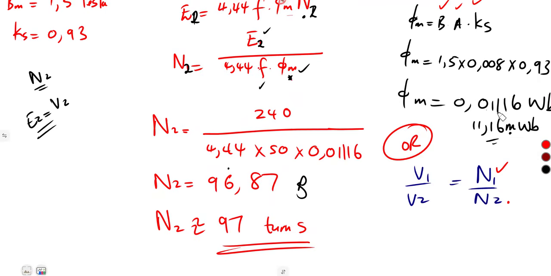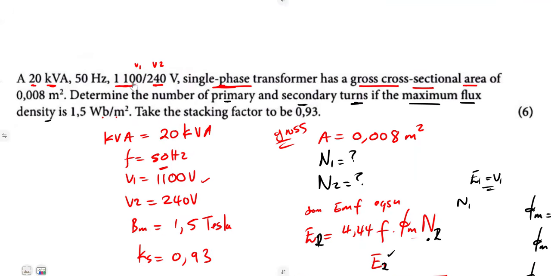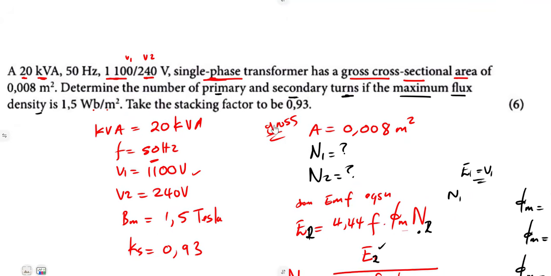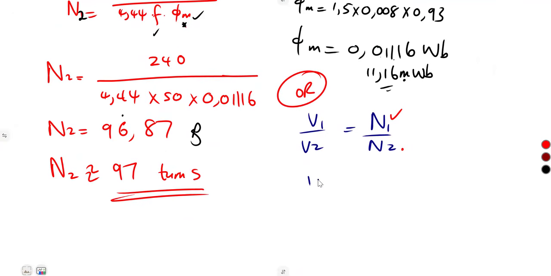V1 over V2 is given from our information here: 1,100 over 240 is equal to N1 over N2. Remember, we calculated N1, and it gave us 444 turns, the one that we calculated first.